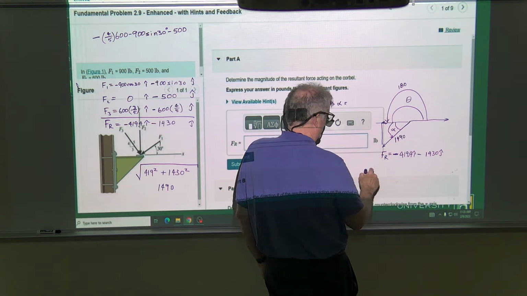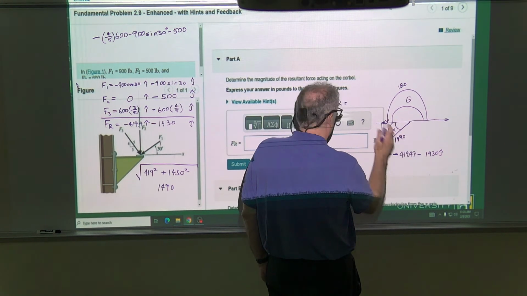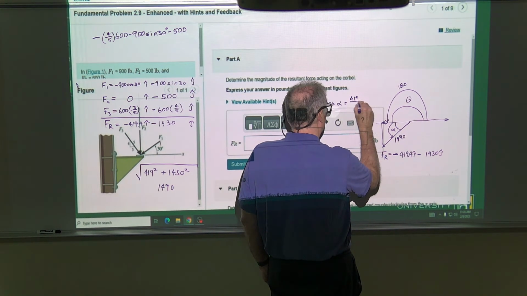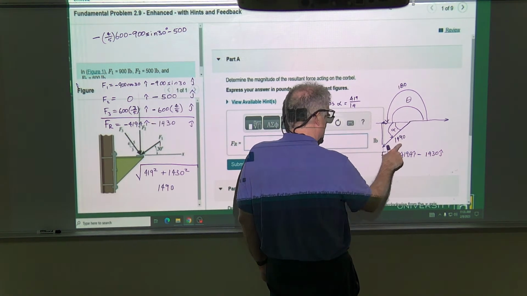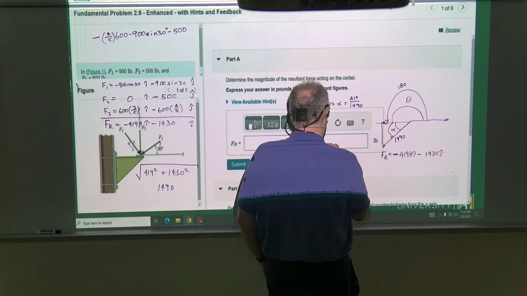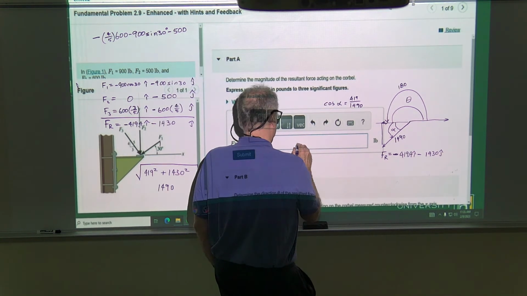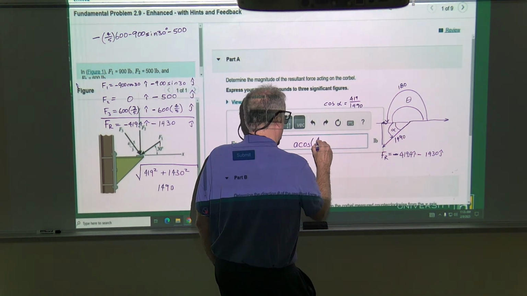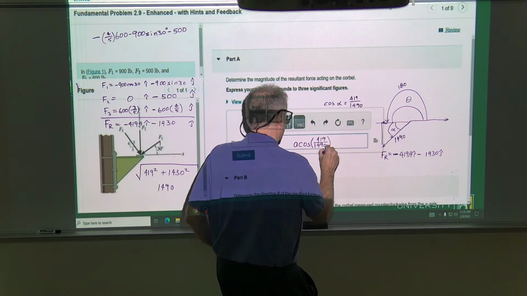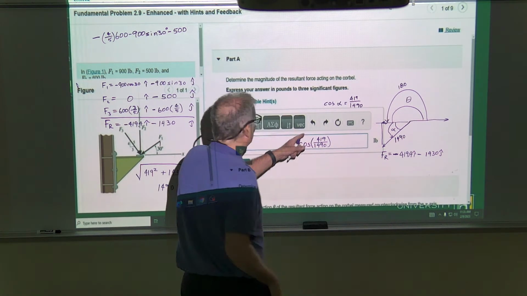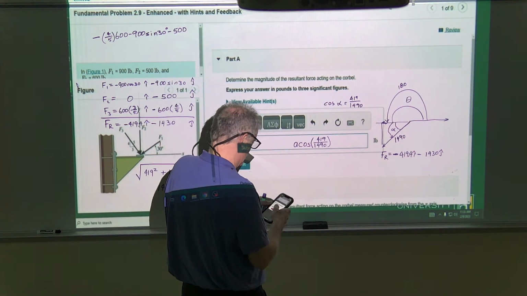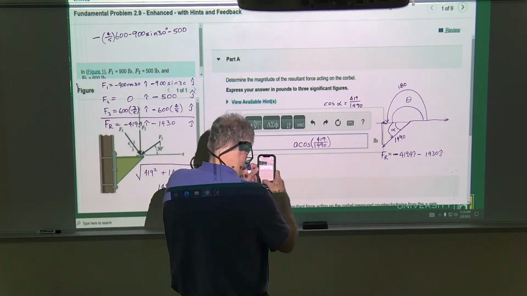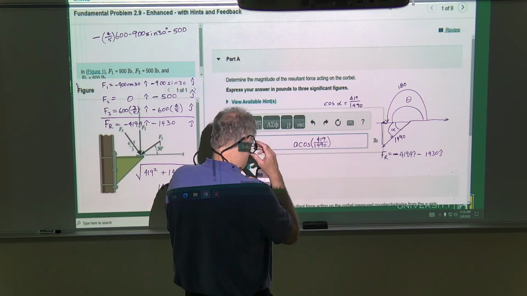Is equal to that component, the 419 over the 1490, so the inverse cosine of 419 over 1490, and let's see what that will come back as if I have entered it correctly.